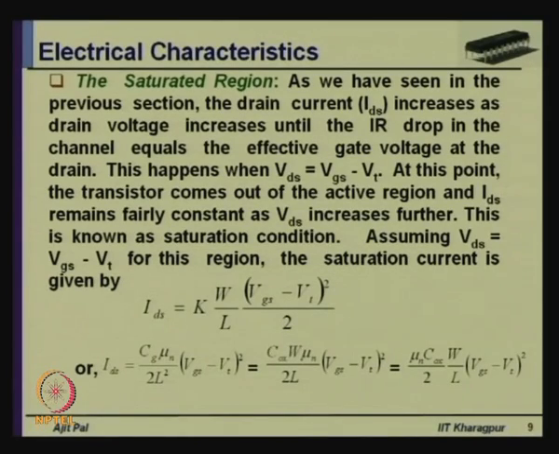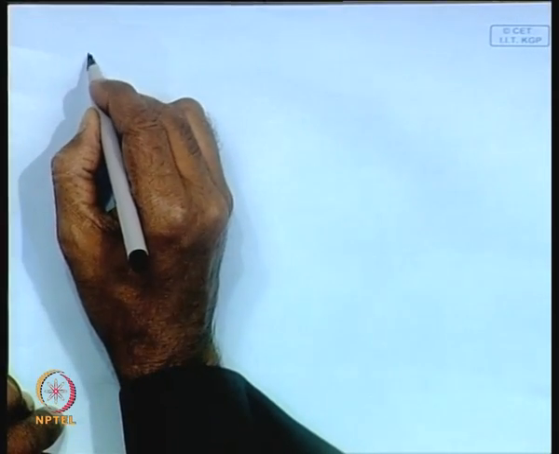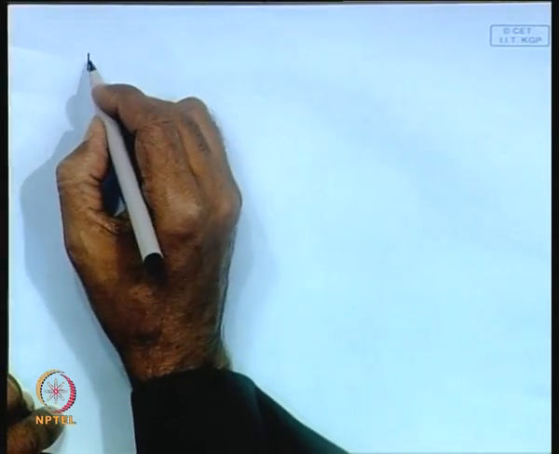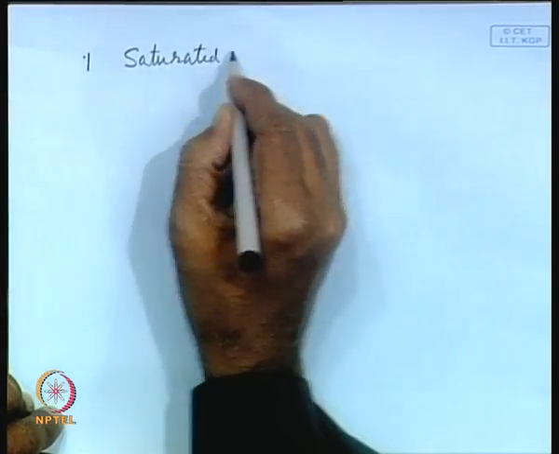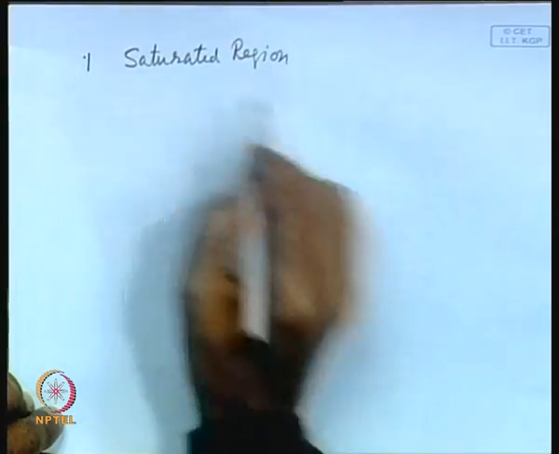Now, let us consider the saturated region. So, we can say the second part is your saturated region. What is the key difference between the linear region and the saturated region? One important difference is that in the saturated region, the current is independent of the drain voltage, and this happens when the voltage drop across the channel is equal to the effective gate voltage.